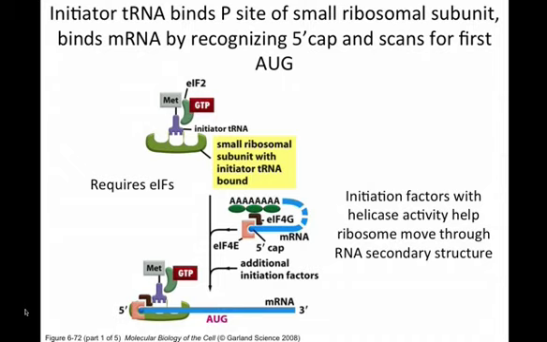Don't worry about memorizing them all. Just understand that there's an order in which things happen, and the goal here is to bring that methionine tRNA to the P site of the small subunit and then start scanning for the first AUG. And the initiation factors are important for that helicase activity to move through the secondary structure of the RNA.